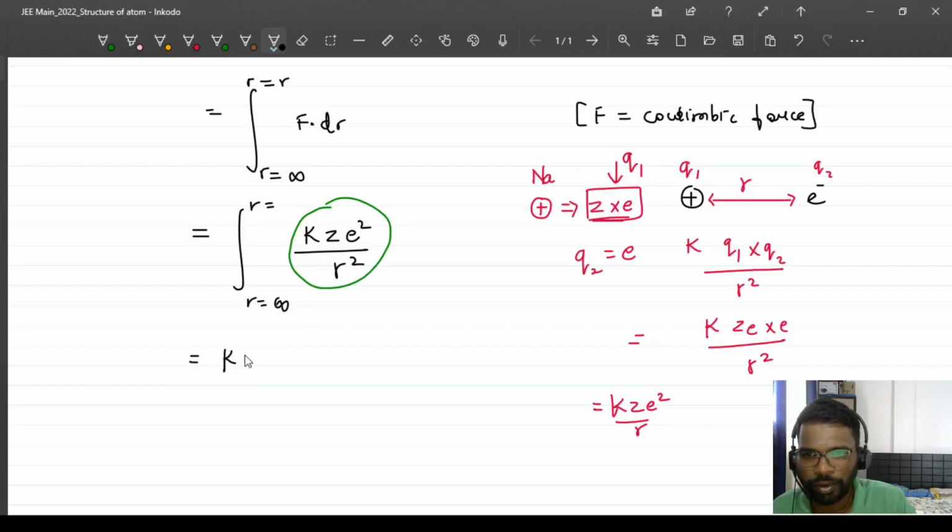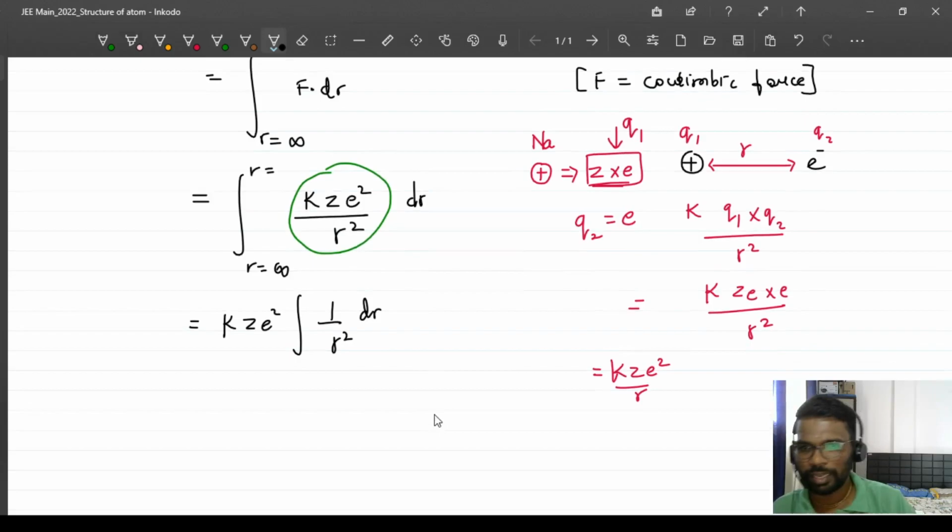We don't apply integration on constants, so I will just integrate 1 by r square into dr. So the potential energy is k Z e square times minus 1 by r, from r equal to infinity to r equal to r.